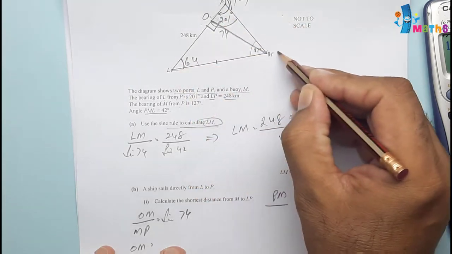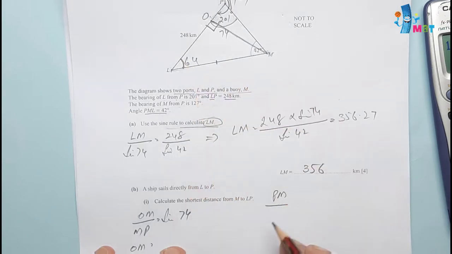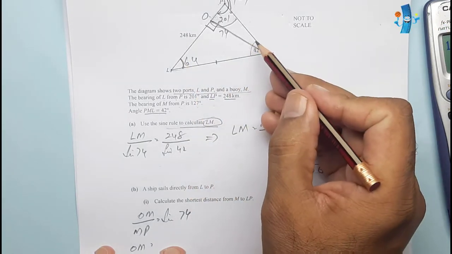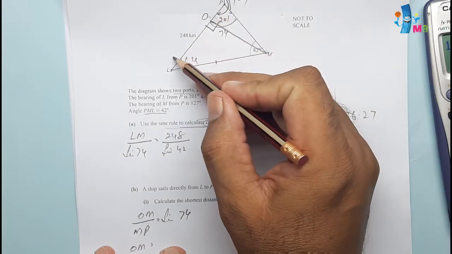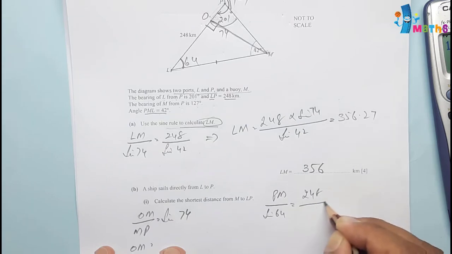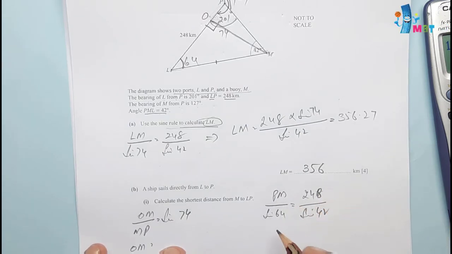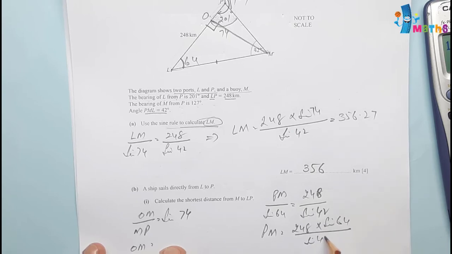So we are considering this whole triangle. PM divided by sine of 64 is equal to, now we can take this side, 248 over sine of 42. Now this one we can calculate. PM is equal to 248 into sine of 64 divided by sine of 42.